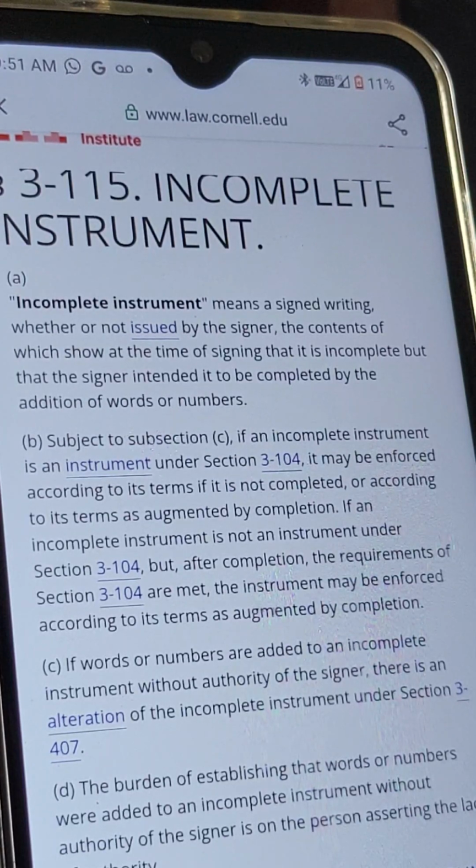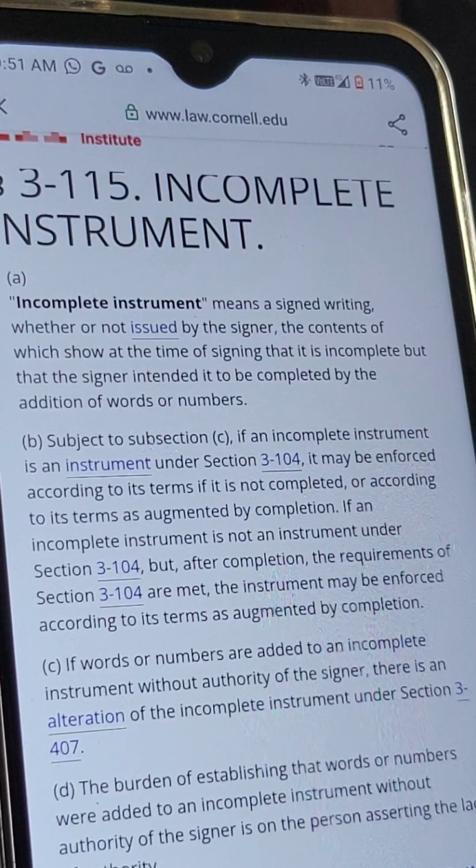If an incomplete instrument is not an instrument under section 3-104, but after completion the requirements of section 3-104 are met, the instrument may be enforced according to its terms as augmented by completion.